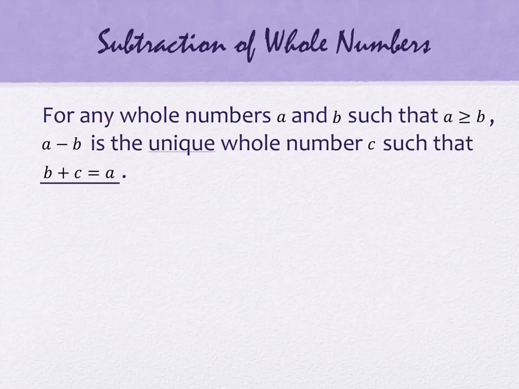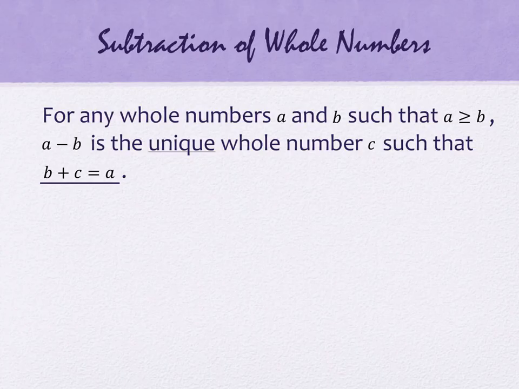So the first thing is to define what in the world we mean by subtraction. When we talk about subtraction, we're saying that A minus B is the unique whole number C such that B plus C is equal to A. This is how we teach kids subtraction initially: we talk about filling in the hole or filling in the gap.